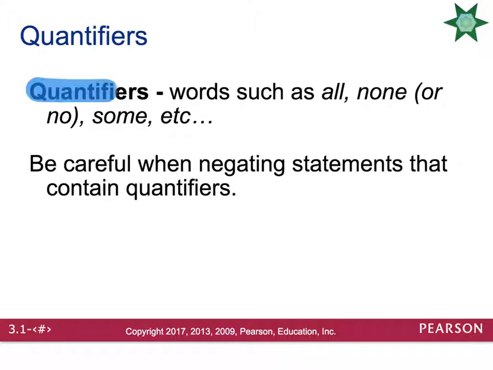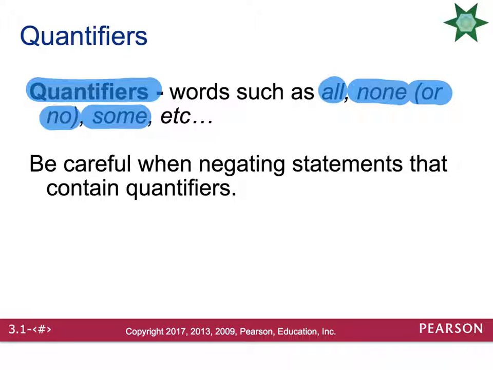Quantifiers. These are words such as all or none or no, some, etc. We have to be careful with these when we negate these statements, because they're not always what you think they are. We'll look at some examples where we negate some of these statements.